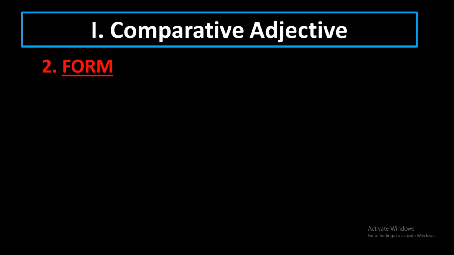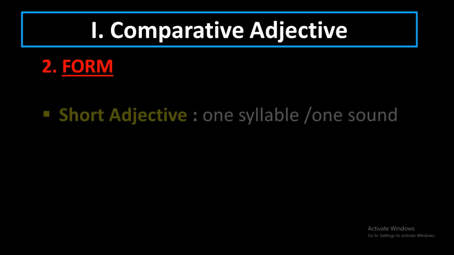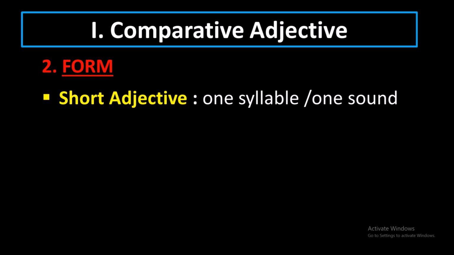Before we start the form, the first thing we are going to look at is the short adjective. So what is a short adjective? A short adjective is an adjective that has only one syllable or one sound.